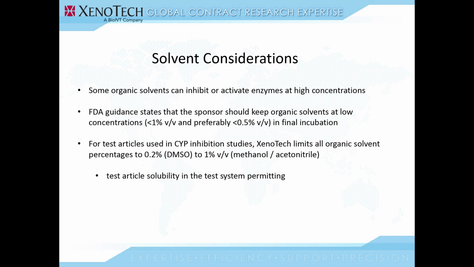For test articles used in CYP inhibition studies, XenoTech limits all organic solvent percentages to 0.2% for solvents such as DMSO, to 1% for solvents such as methanol or acetonitrile. And this is, of course, depending on solubility in the test system itself.